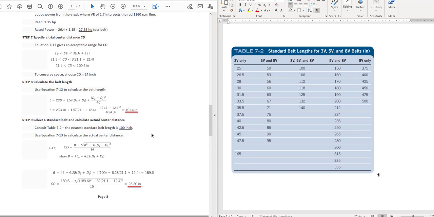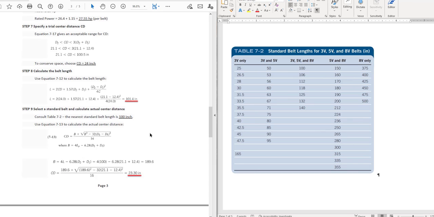Now that we have our actual length, we can calculate our actual center distance, and we're going to do that using equation 713. Equation 713 has two steps to it. It has this B parameter, and then it also has the sheave geometry in there too.